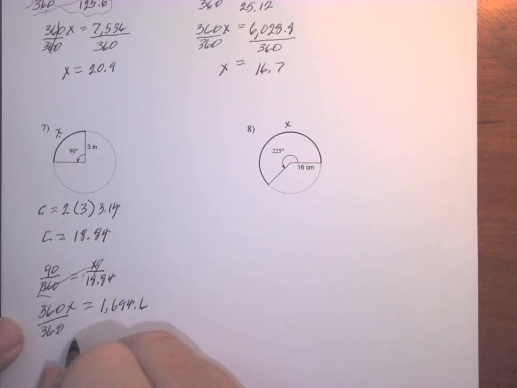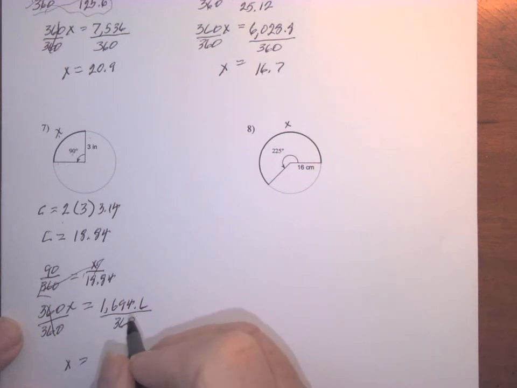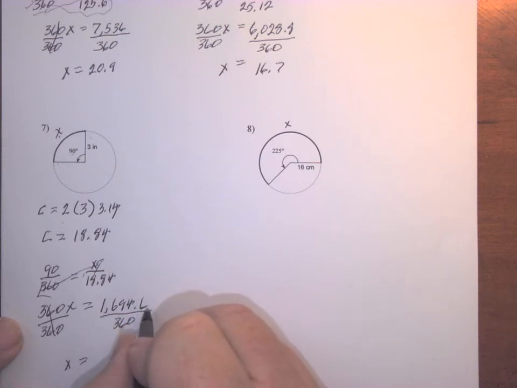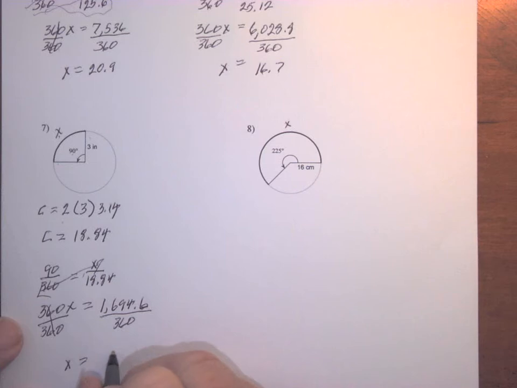Okay. These go away and we're left with x. Since we had to divide by 360, we divide here. And when you divide 1694.6, that's a 6 by the way, by 360, you get 4.7.